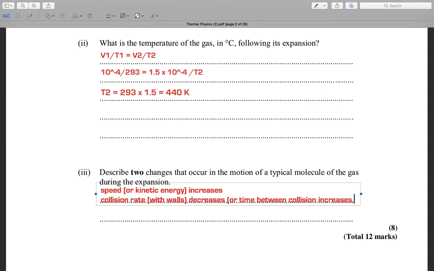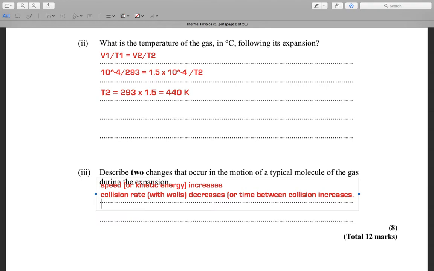Another condition is about distance: the distance between collisions increases. That means the mean free path is inversely proportional to molecule density.